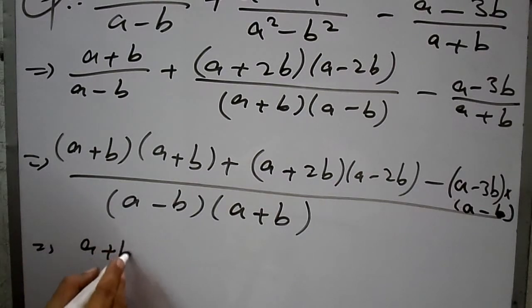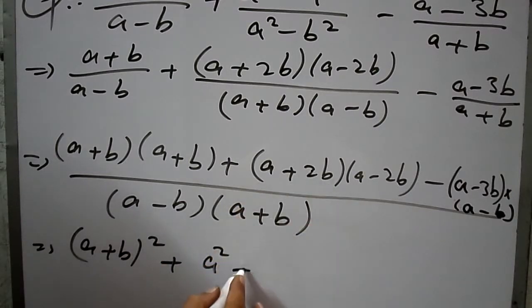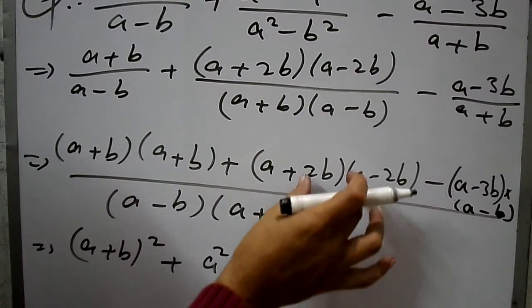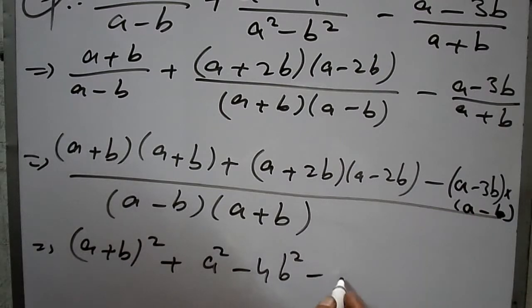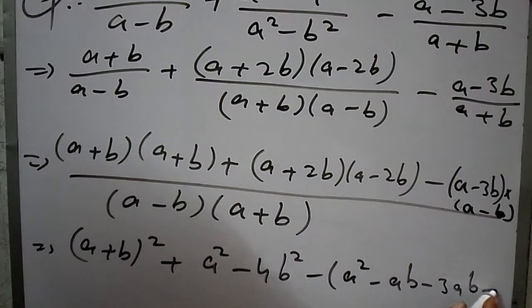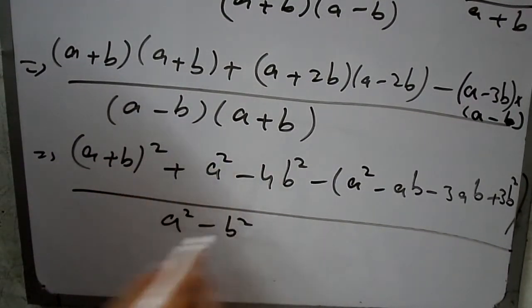that is a plus b whole square, that is a square minus 4b square, because after multiplication applying the formula, and after multiplying this you will get first of all a square minus ab, then minus 3ab, then plus 3b square, bracket closed, divided by a square minus b square.